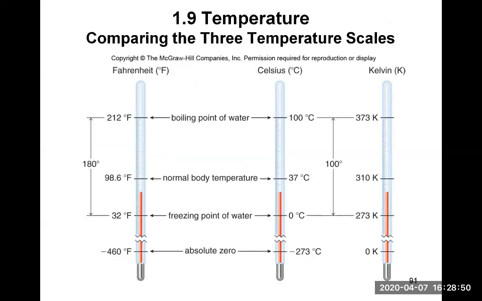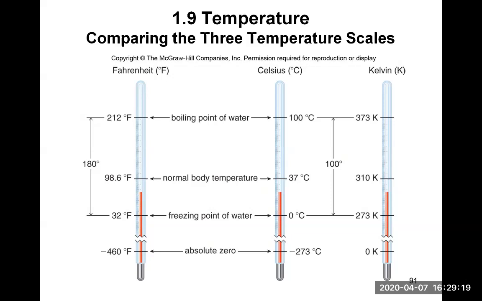So here there are 3 thermometers represented, one for each temperature scale, Fahrenheit on the left, Celsius in the middle, and Kelvin on the right. And so if we compare temperatures in those 3 scales, for example, the 0 in the Kelvin is the negative 273 in Celsius, and that's negative 460 degrees Fahrenheit.